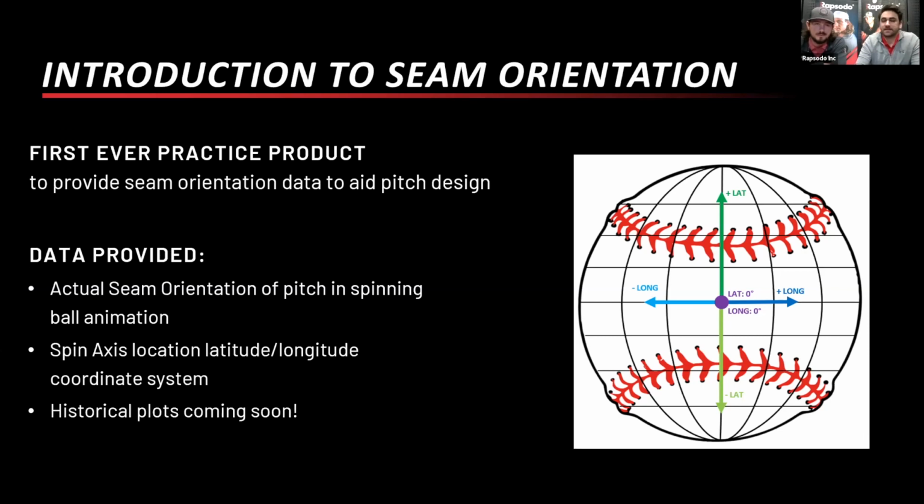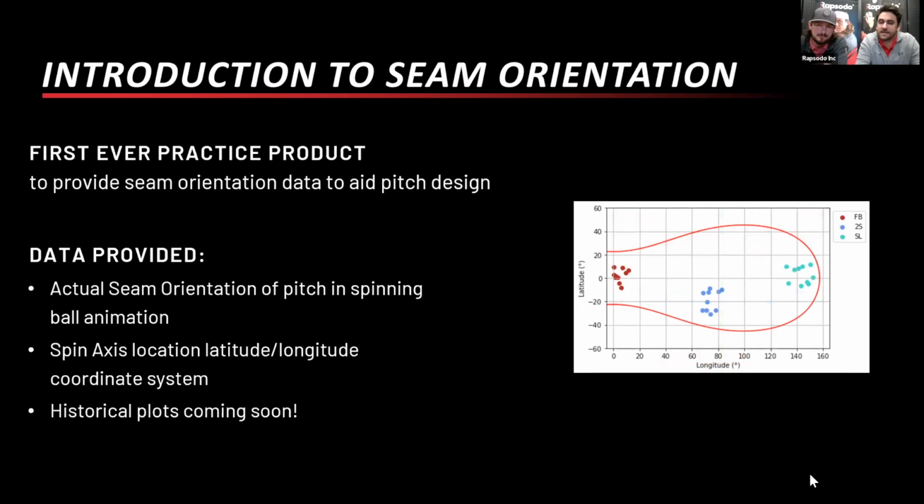Right. Yeah, so to that point, exactly, we take a look at this next slide. So this is a historical plot of this latitude, longitude, seam orientation data. And these plots will be in the app soon, in an upcoming May release.